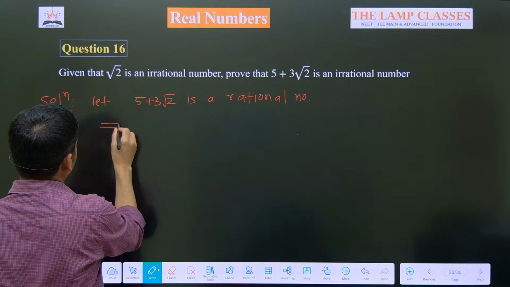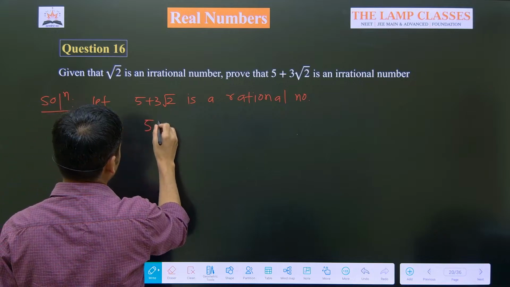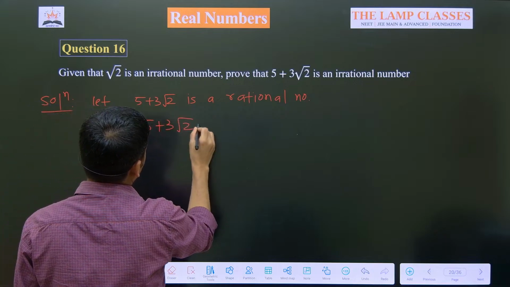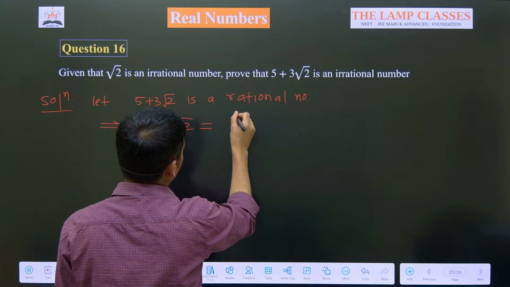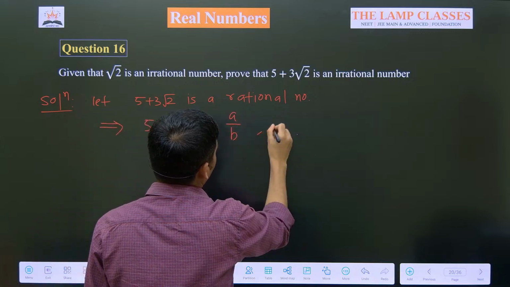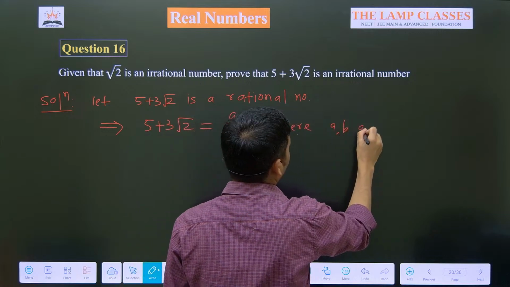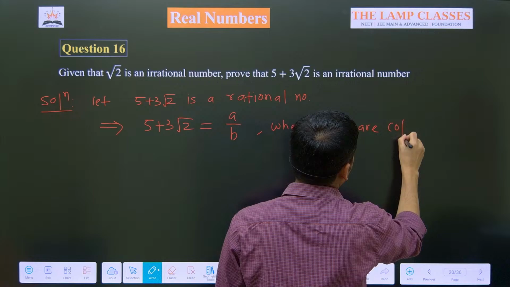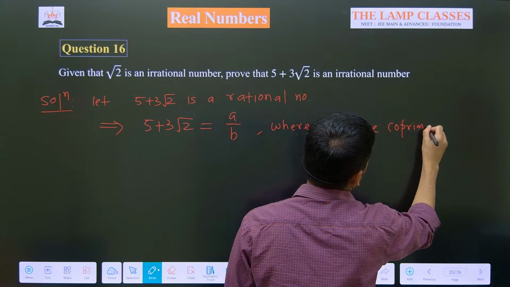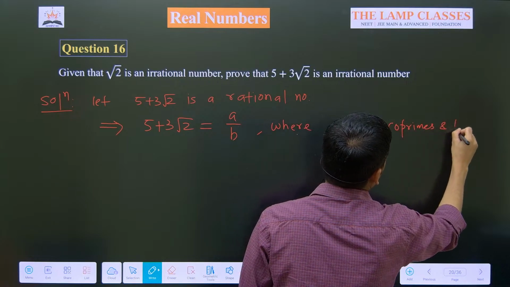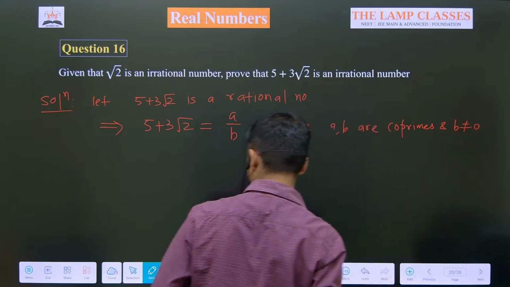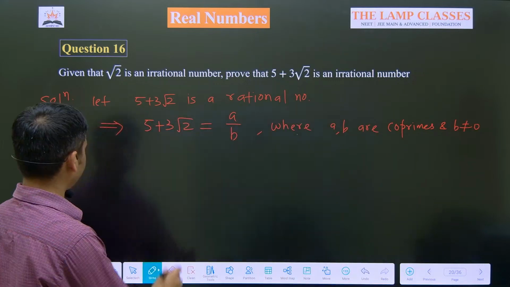And we know that every rational number can be written as p upon q, or a upon b, where a, b are co-primes. Please mention this in every question of this type. And b is non-zero.